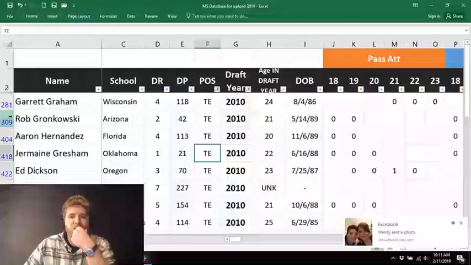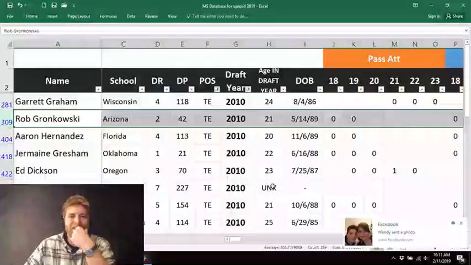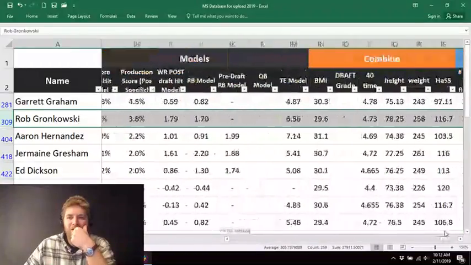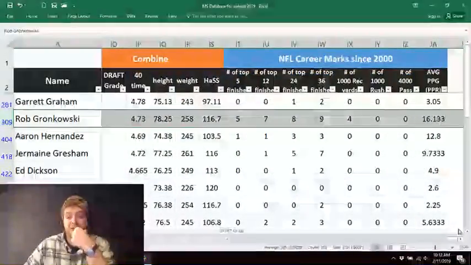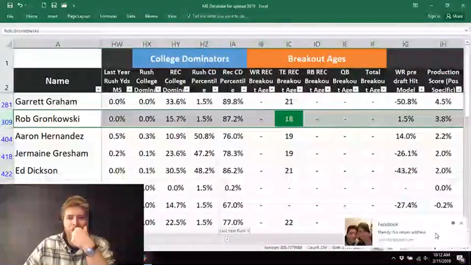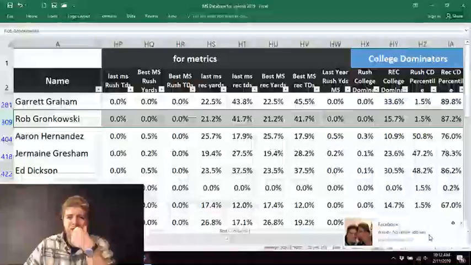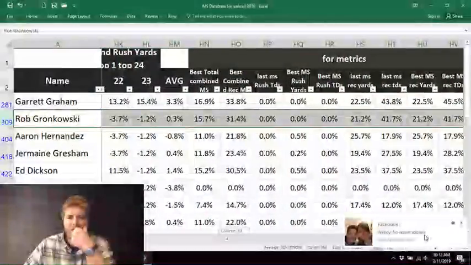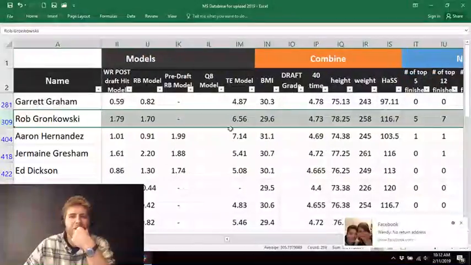Gronkowski not coming out as the best tight end in the class, obviously wrong. And Garrett Graham being valued at all, also wrong. But he did have a top 24 season, I guess. Let's look at their actual score before I close this out. Where's my models? There they are.